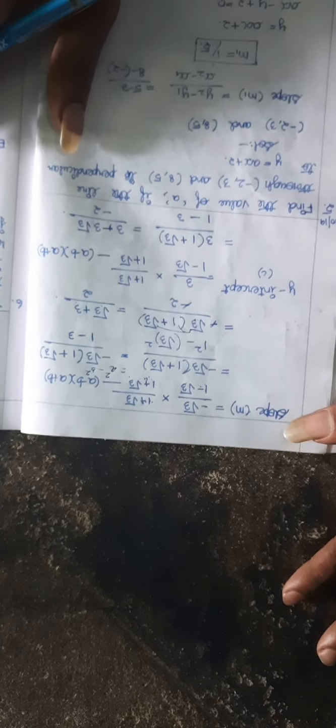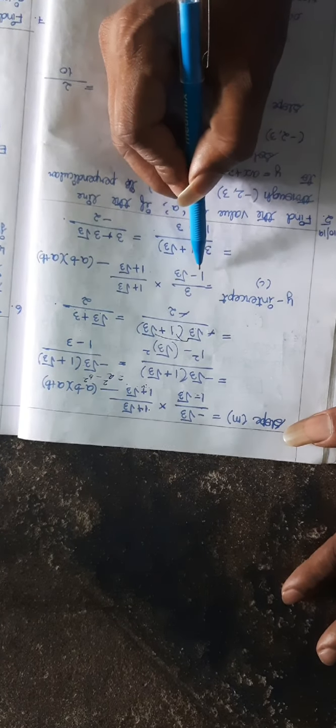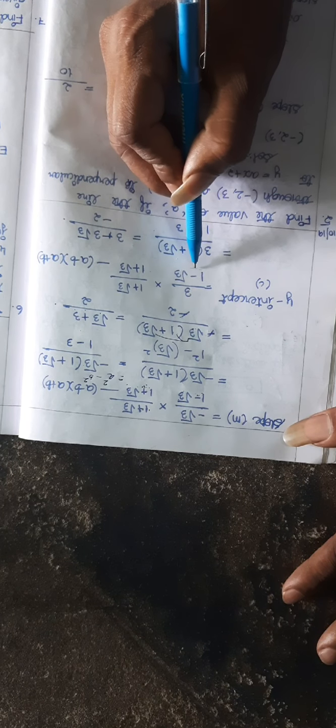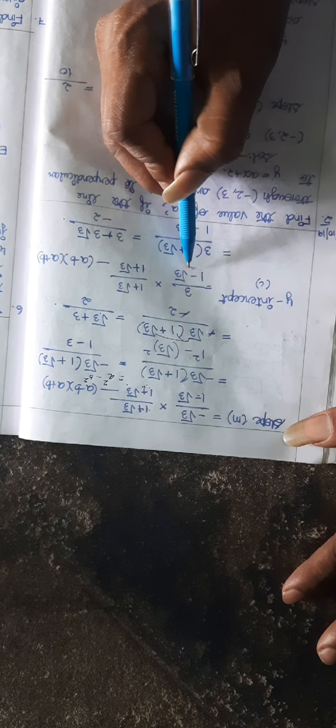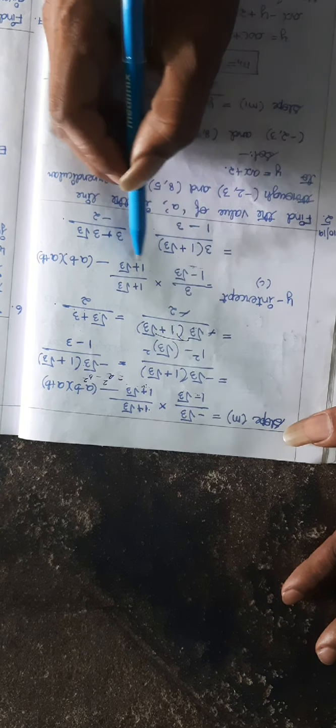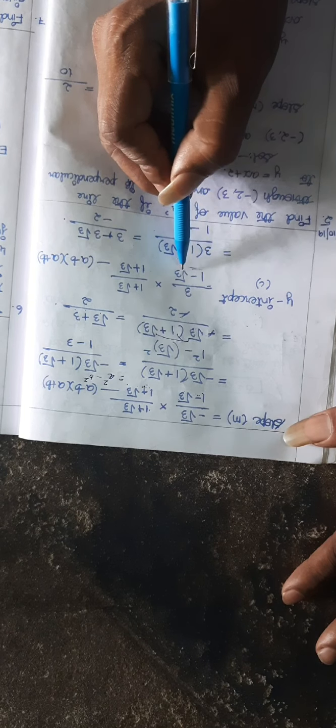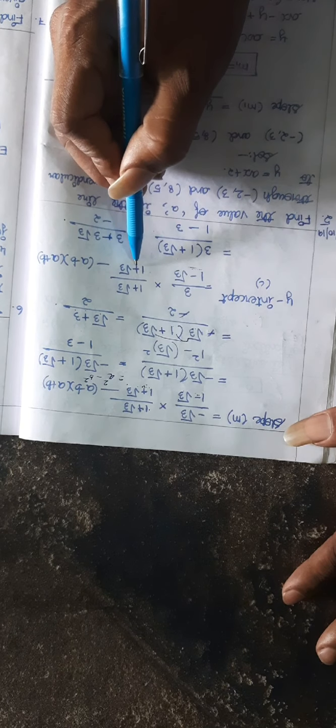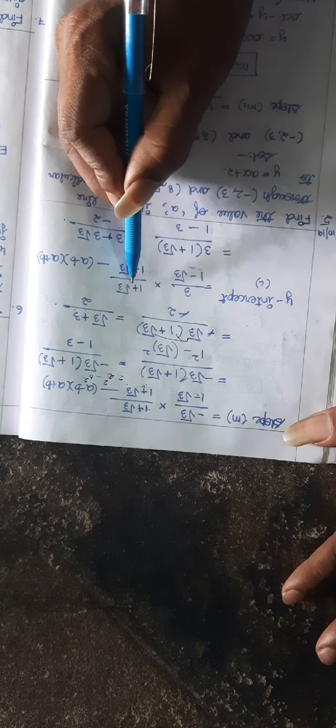Same step you want to use in the y-intercept, because in the denominator they have a square root number, and you want to change it into a rational number. So I take the conjugate of 1 minus root 3: minus changes to plus, so 1 + root 3, and the numerator also we multiply by 1 + root 3.